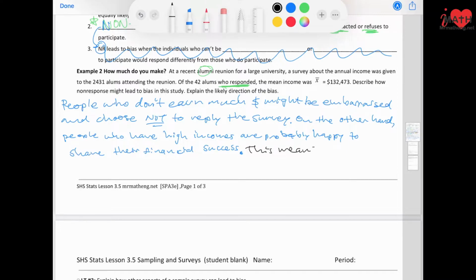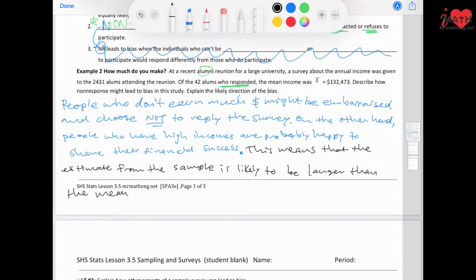This means that the estimate from the sample is likely to be larger than the mean annual income for all 2,431 alums attending the reunion.